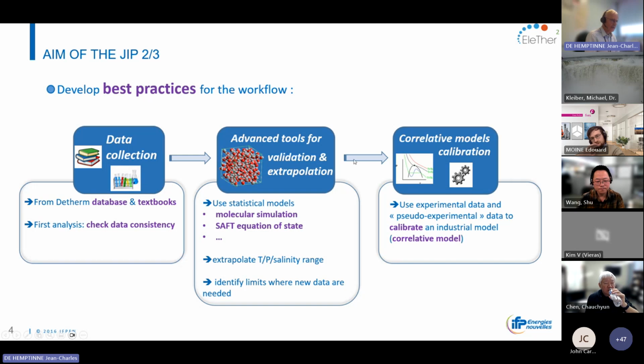The second step is extrapolating these data towards the process conditions. And the third step is then to correlate them in an industrial process simulator, using some kind of existing thermal model that generally needs to be correlated. There may be many parameters to be identified, and that's a challenge in itself.